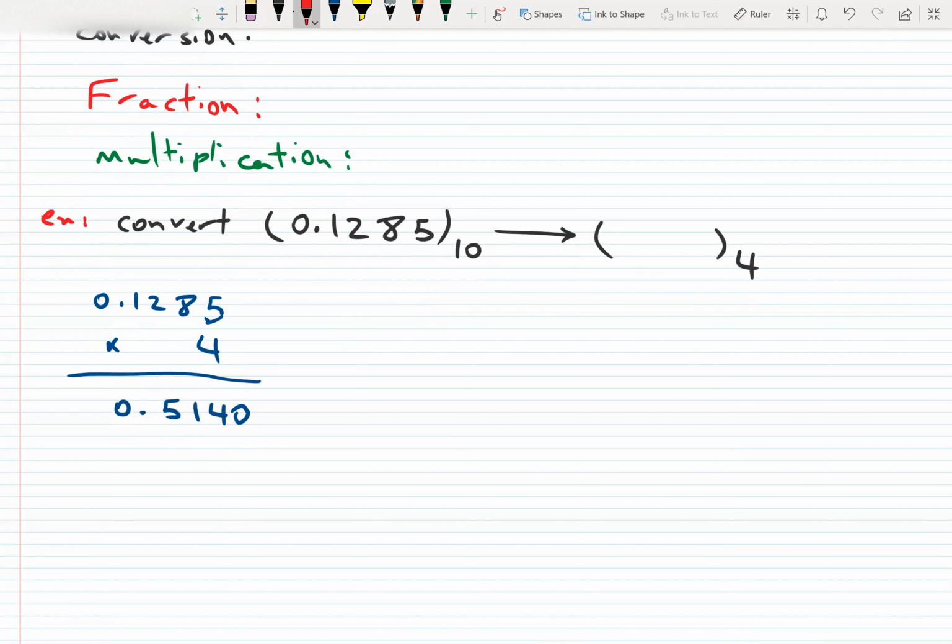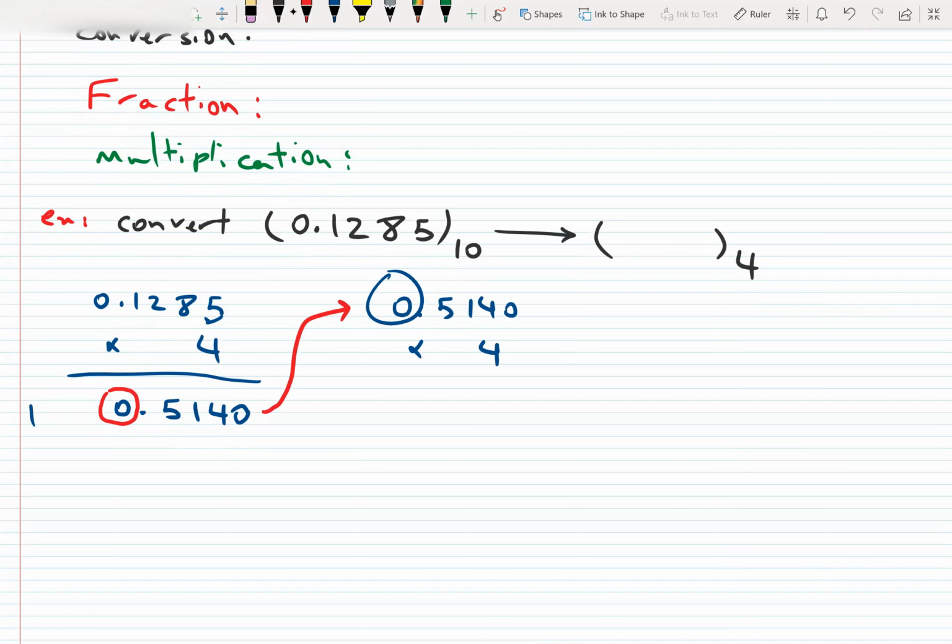We ignore the integer part for the next multiplication, because for the next step we need to multiply the answer, 0.5140, by 4. If the integer part was 1, we still put 0 in the new multiplication.